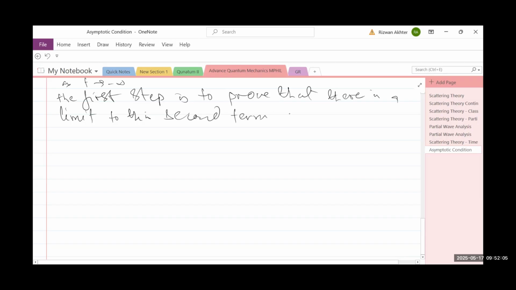Okay. Maybe there is a case where you could think that there is no limit, it does not have a limit.